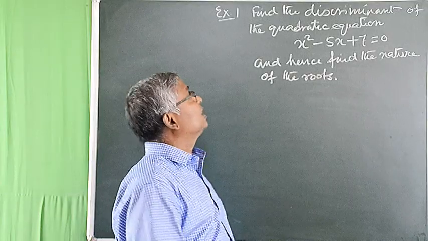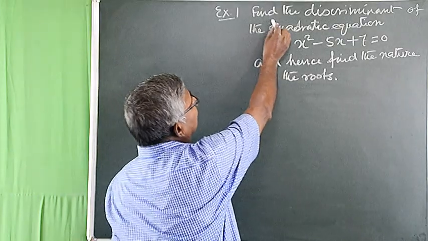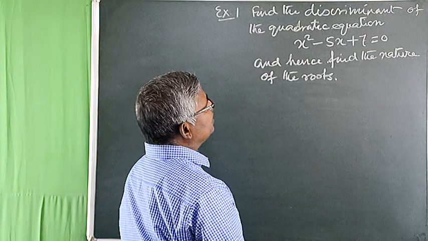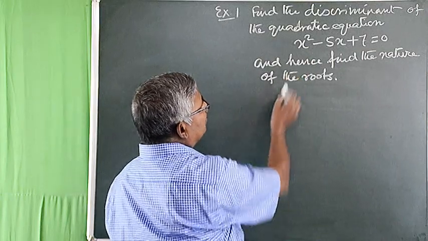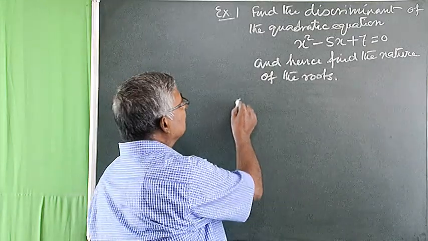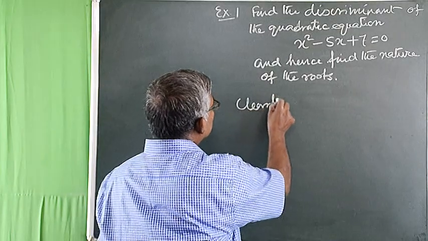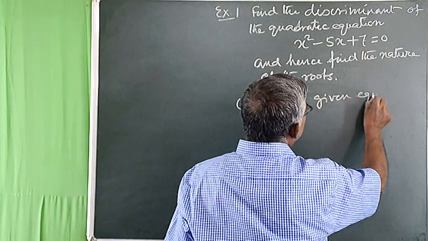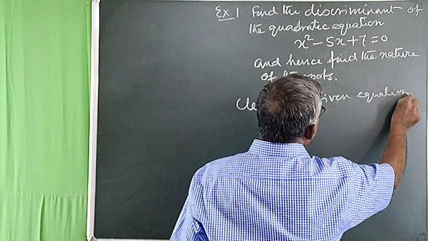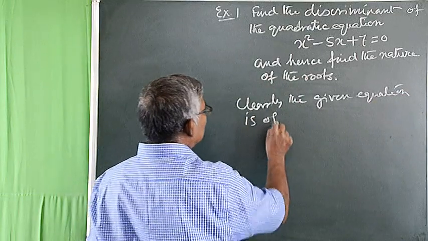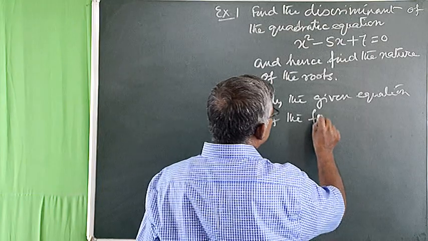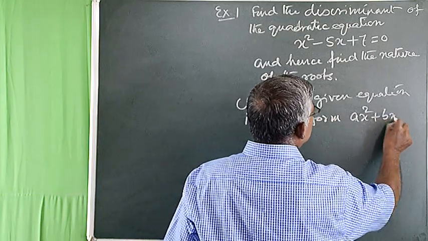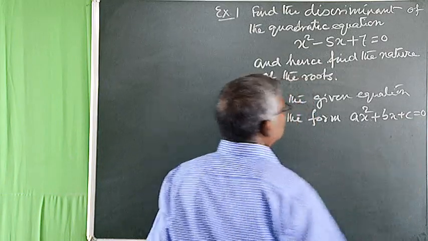Students, let us consider the problem. Find the discriminant of the quadratic equation x square minus 5x plus 7 equal to 0, and hence find the nature of the roots. Clearly, the given equation is of the form ax square plus bx plus c equal to 0.